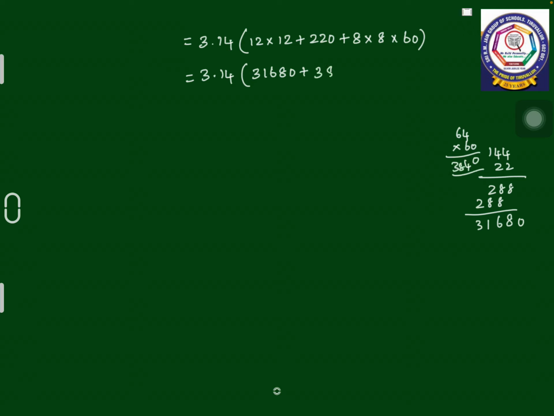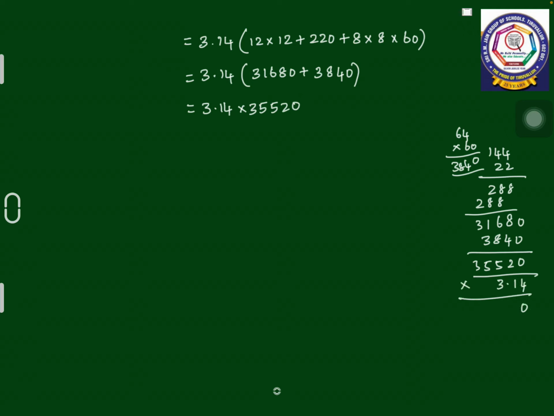So it is 3.14 into, I need to add these two. 31,680 plus 3,840 is 35,520. Now I need to multiply 35,520 into 3.14.